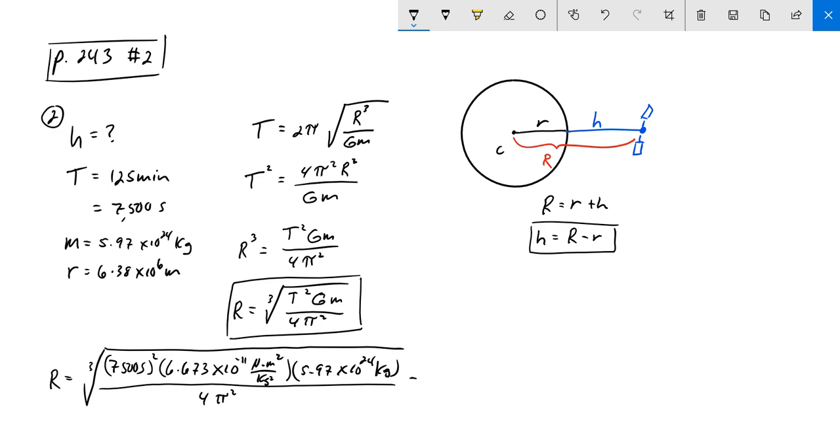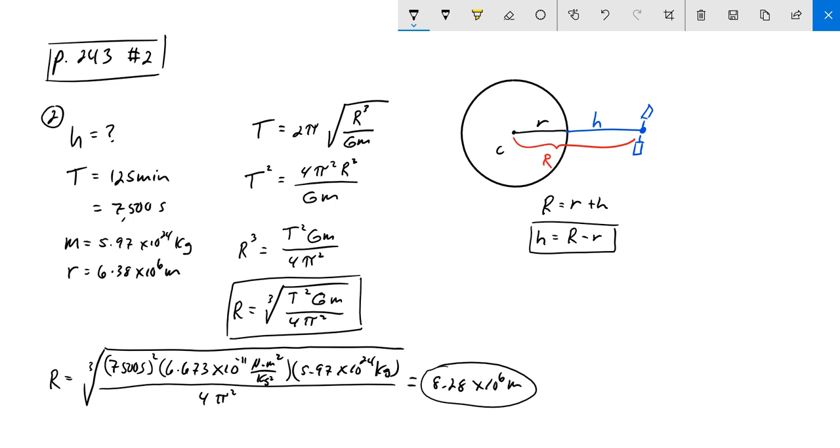When I do the calculator work, this gives me 8.28 times 10 to the 6 meters. So that's what big R is equal to. That's this red R over here.